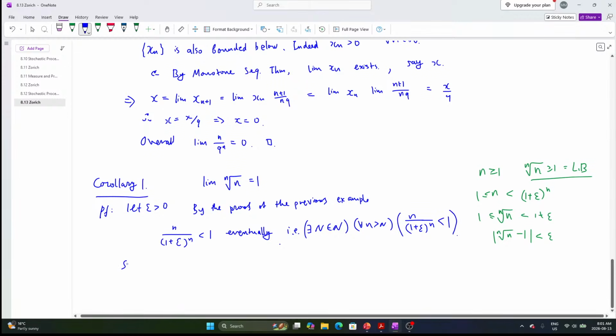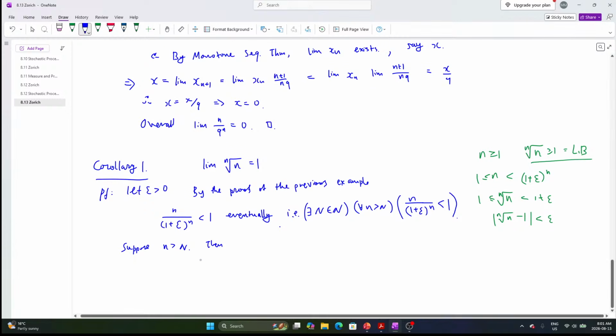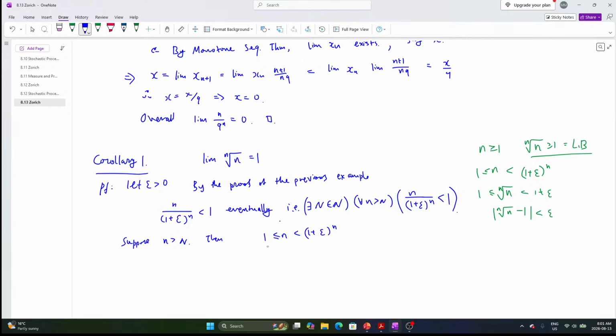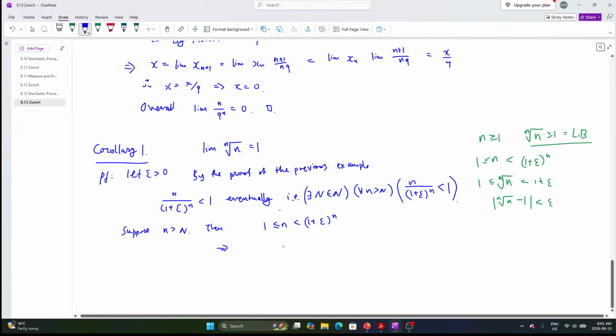Now suppose n is greater than big N, then n is greater than or equal to 1, less than (1 plus epsilon) raised to the n, and then we take the nth root.